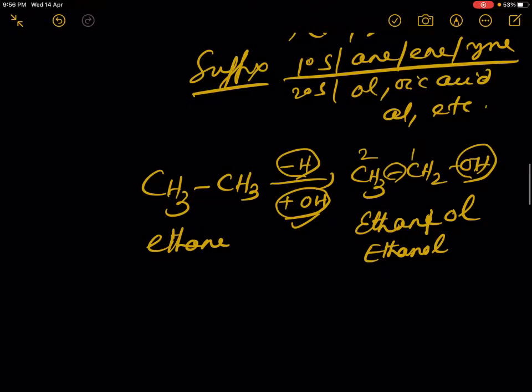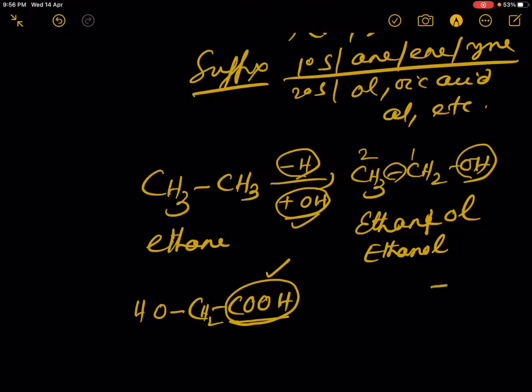If the same OH group is attached to an organic compound having a functional group like COOH, it has more priority, because COOH has more priority than this OH group.